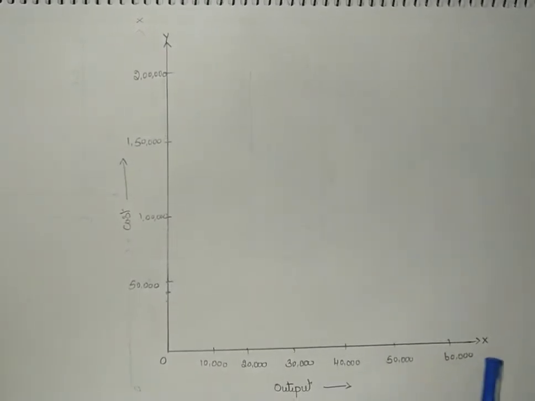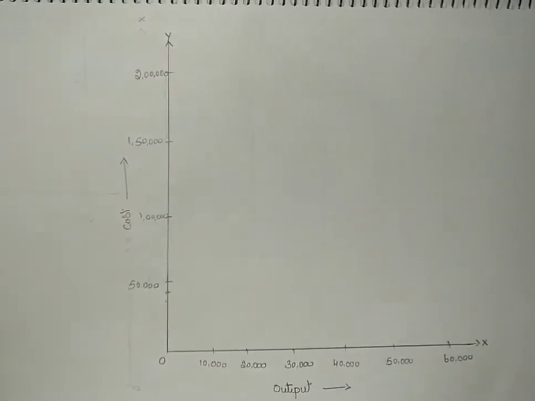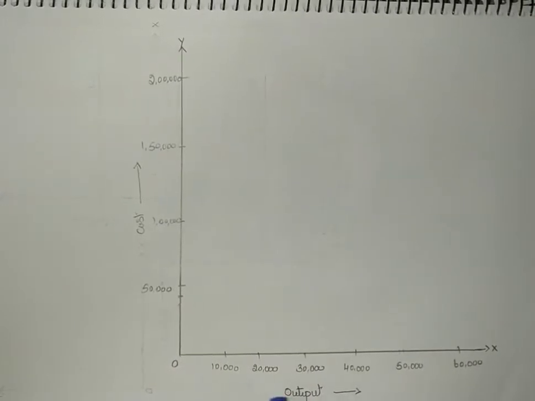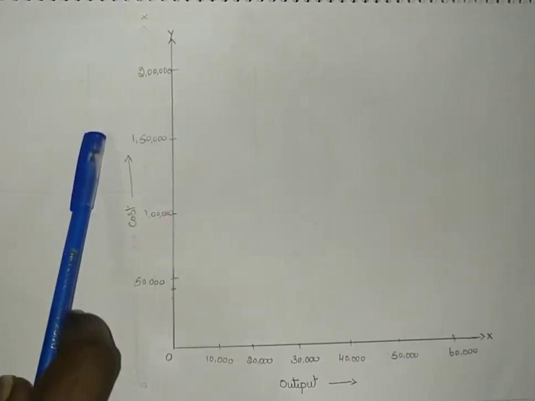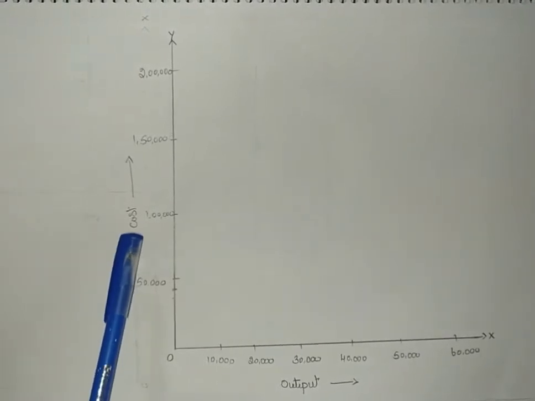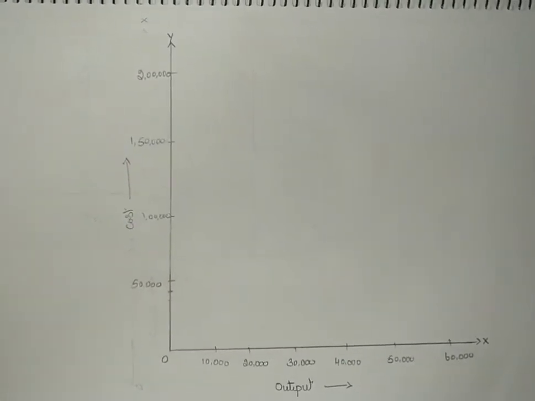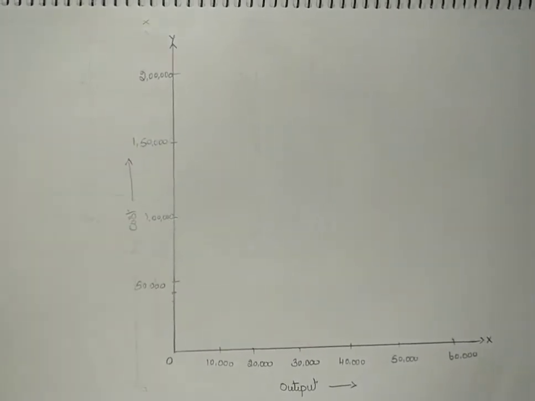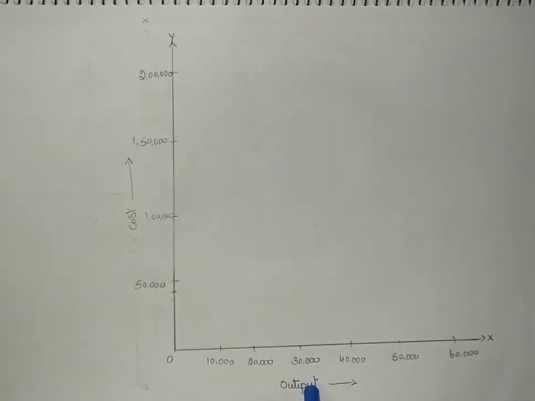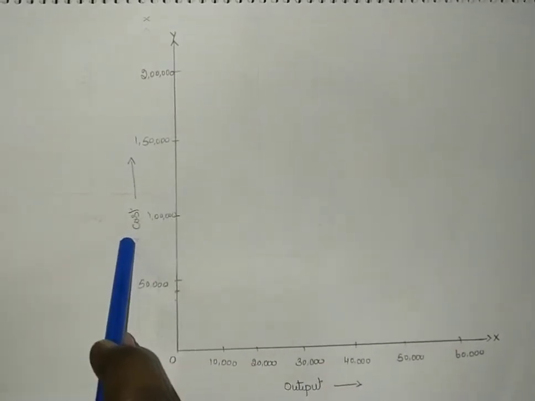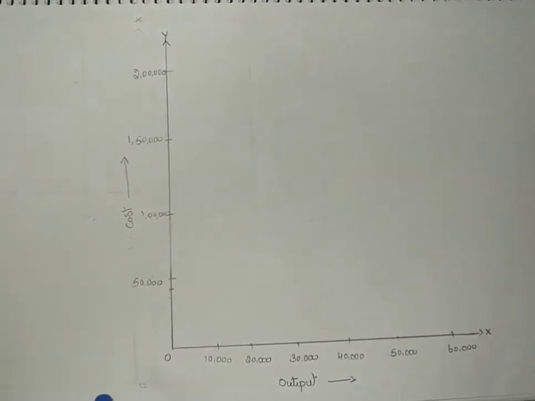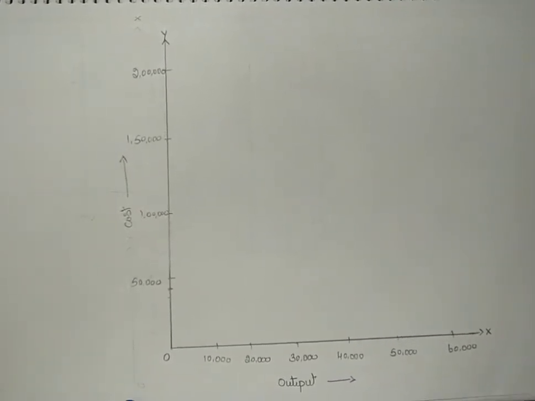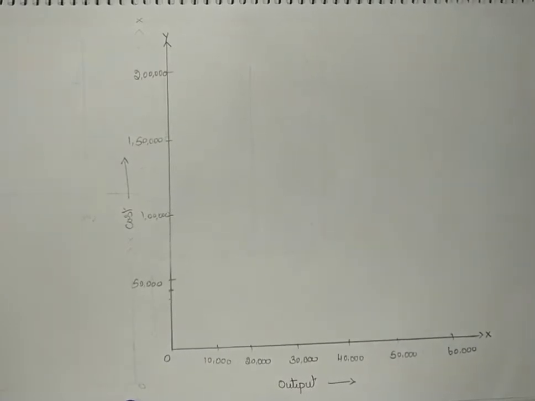On the horizontal x-axis take the output, that is total units of production at various levels of activity, and on the vertical y-axis take the cost, the different types of cost. Before going to the graph, first write the fixed cost.